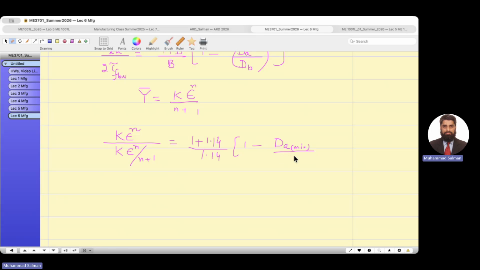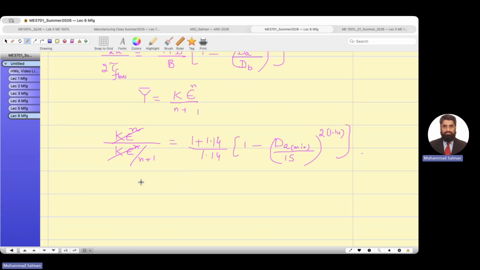Agreed? So let me plug it in over here. 15 to the power 2 times 1.14. Now we will do the math here. Look, cancel out this n, and the plus 1 goes to the right side, or n plus 1.